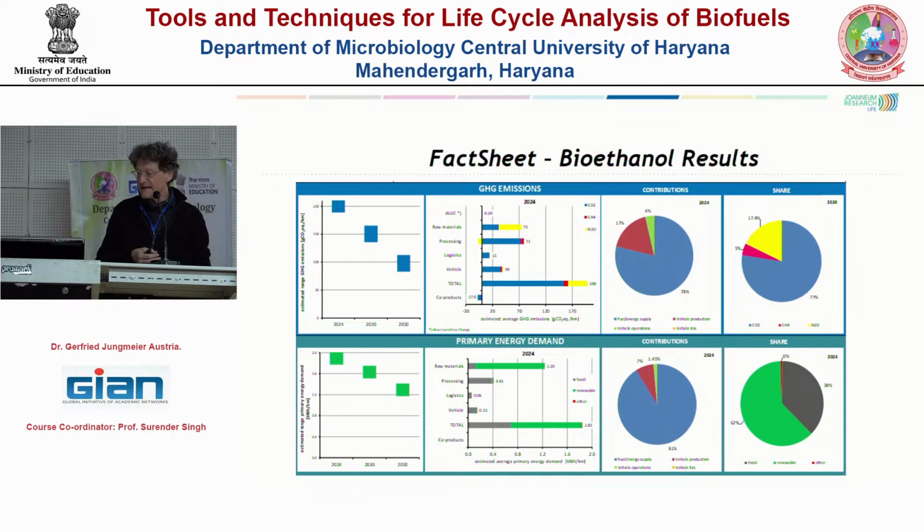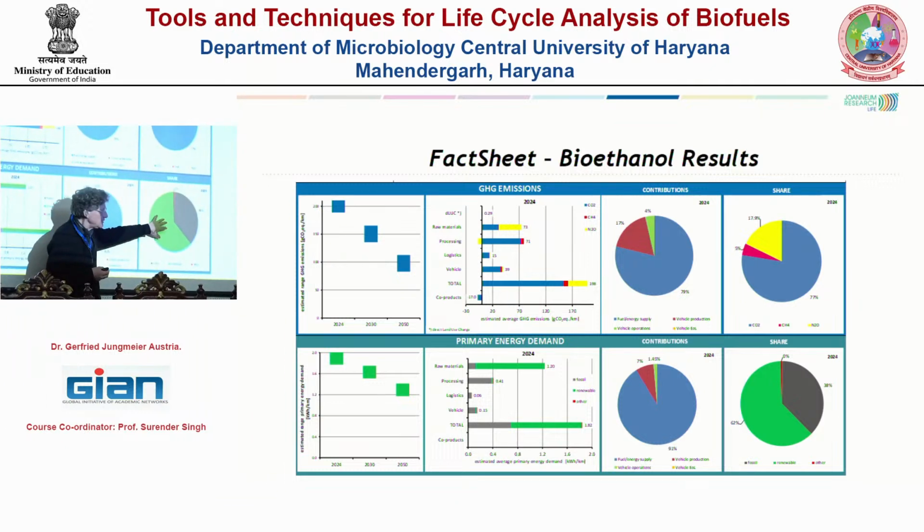And for the vehicle itself, for the operation, the light green one is 1%. This means all the maintenance parts are also included, because a vehicle needs some maintenance, new tires, new engine oil, and so on. And they are also included not only in the primary energy demand, but also in the greenhouse gases.